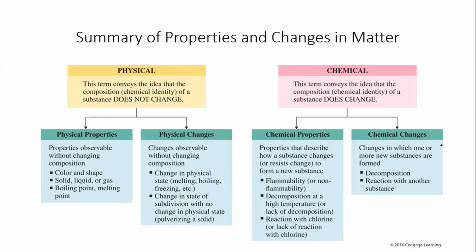And the chemical change is the change in which one or more new substances are formed. So the decomposition reaction, the oxidation reaction, the combustion reaction, burning something. And so again, you'll want to be able to identify if something is a physical or a chemical property, as well as if something is a physical or a chemical change.